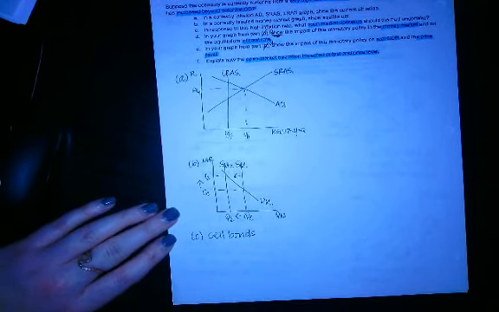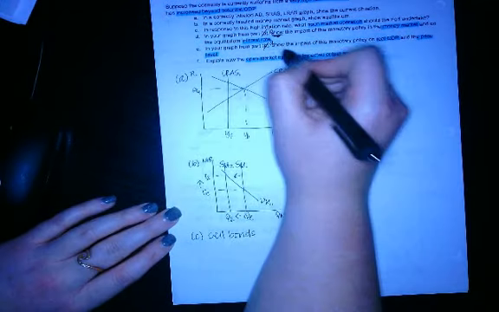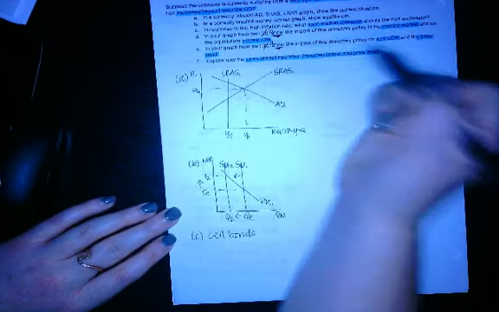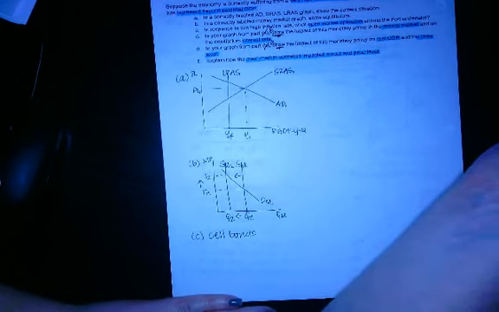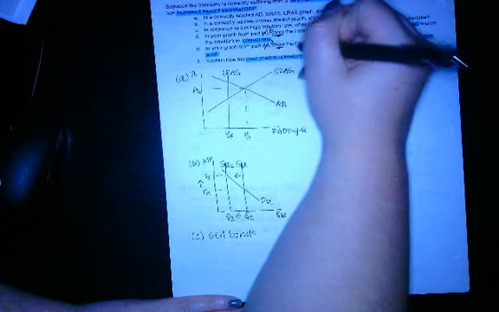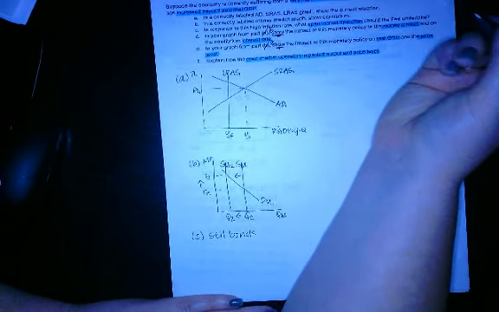E, in your graph from part A, show the impact of this monetary policy on real GDP and the price level. So if we are selling bonds, we are trying to contract the economy, so we're trying to decrease aggregate demand.